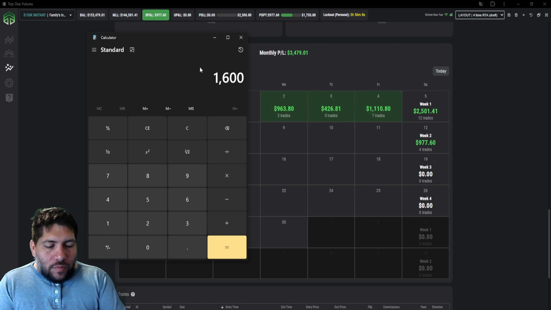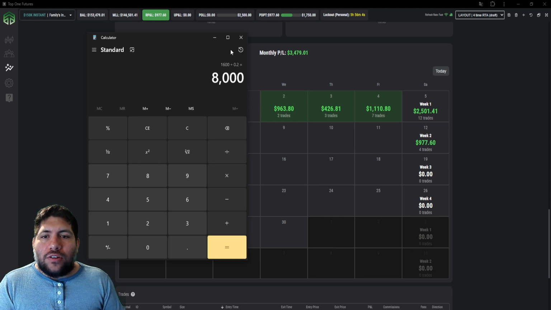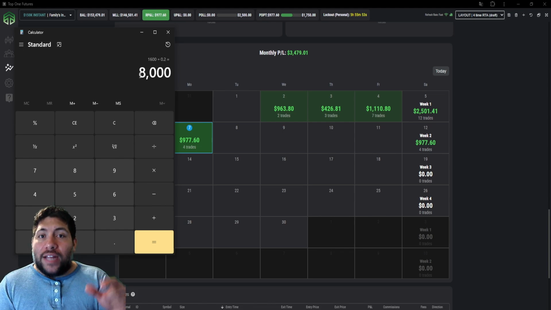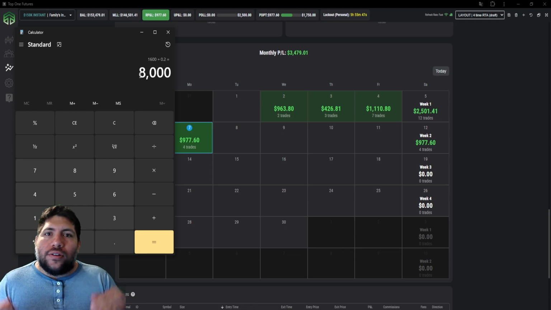What this means, my new target will be $8,000. So for me to be able to qualify for a payout, if I make $1,600 on Thursday as an example, then my new target to get to 20% consistency is $8,000. As long as I stay under $1,600, then I should be fine.